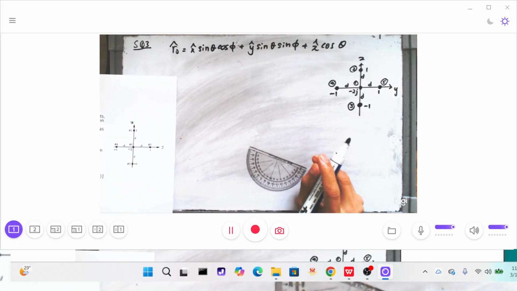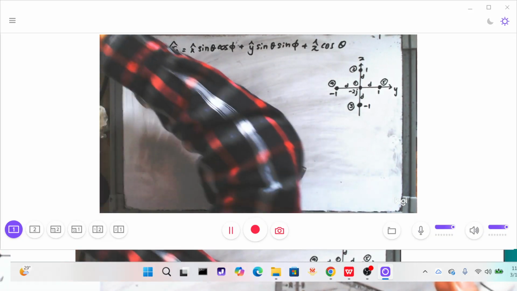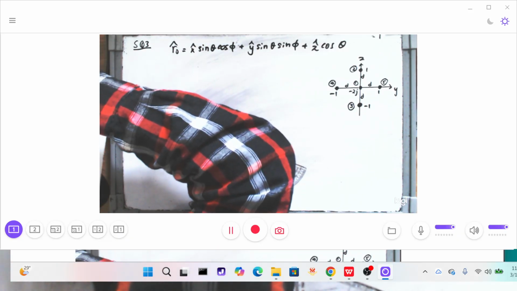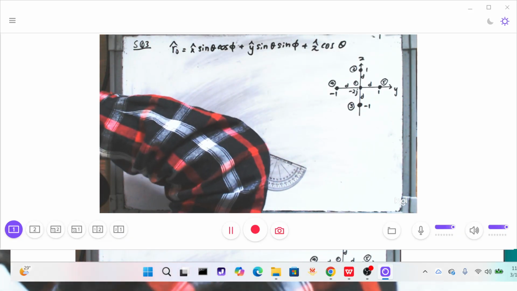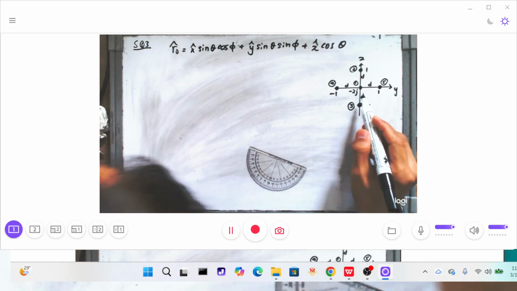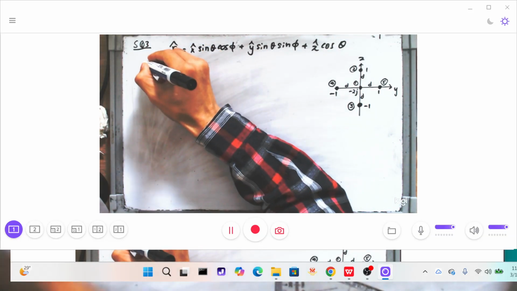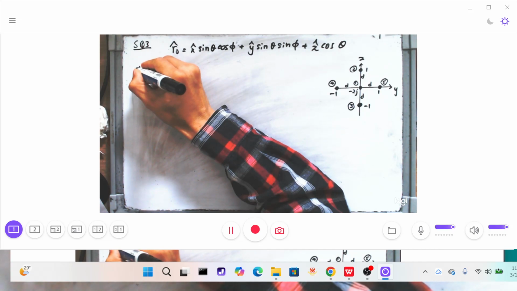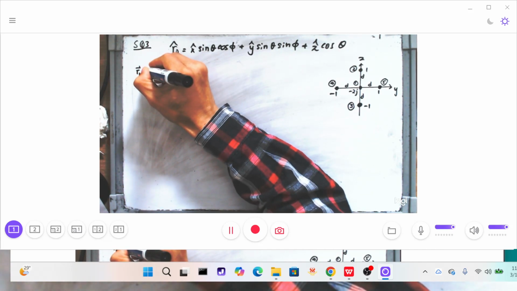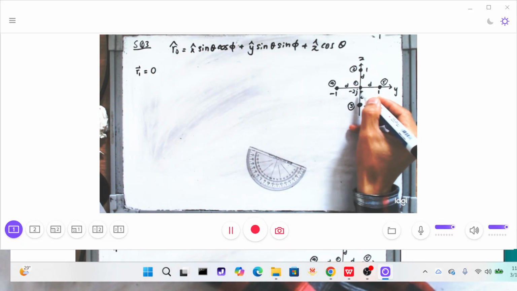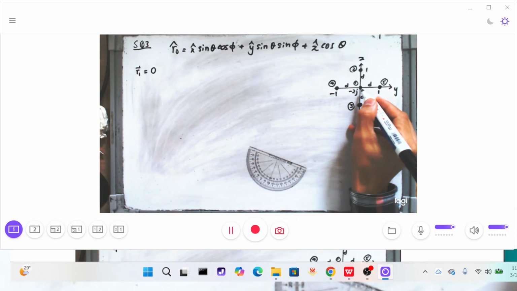Now let's write down the array contribution. For r1, we have 0 because the coordinate here is at the origin.